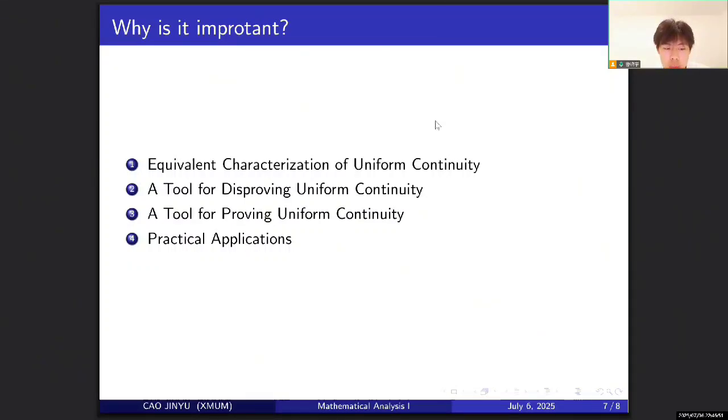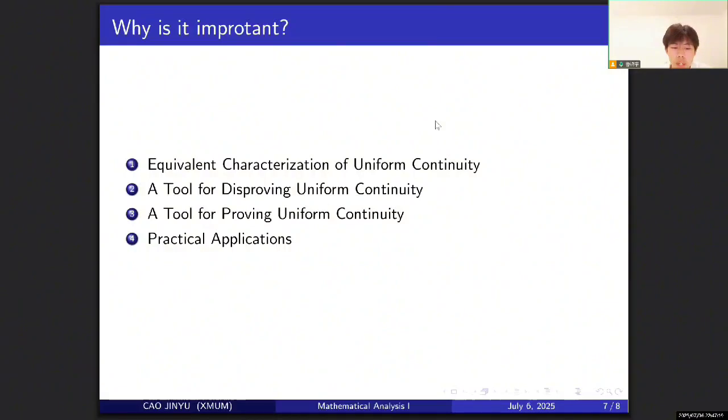Usually, using this method will be easier than using the epsilon delta statement. Also, it does have some practical applications. For example, in topology, uniform continuity helps to define uniform spaces, and uniform spaces generalize metric spaces.